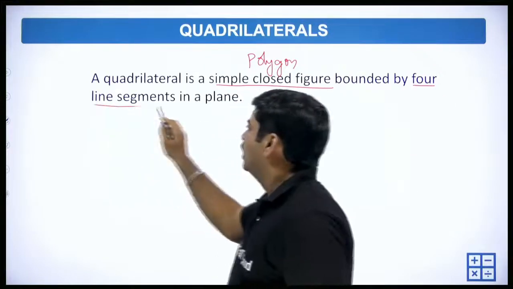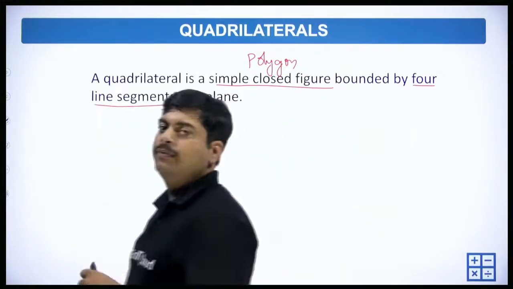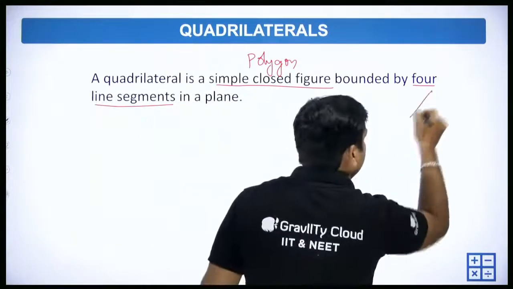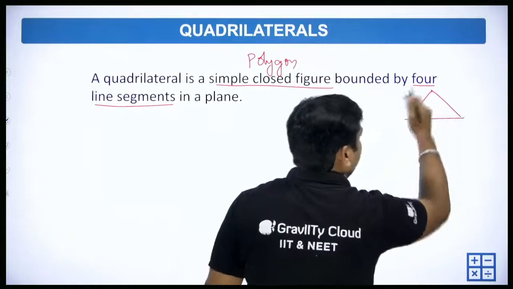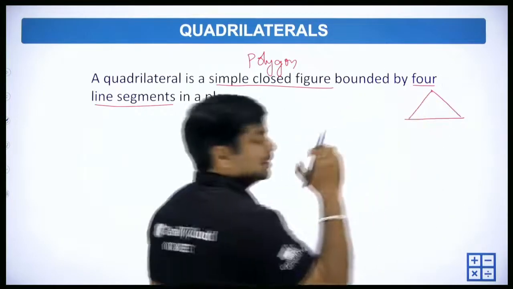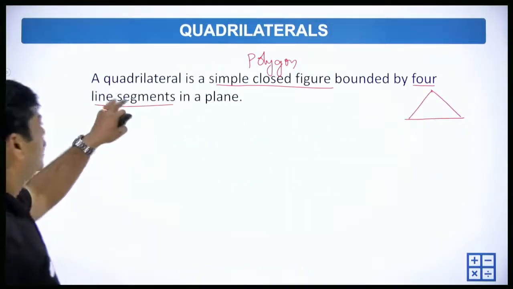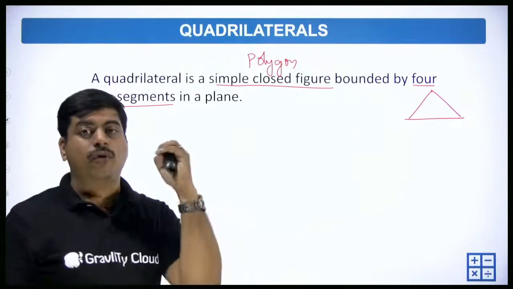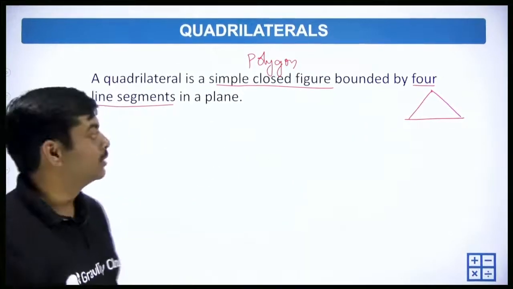Now here you need to understand the difference between different polygons. In the previous classes we discussed the triangle, which is a three-sided polygon, bounded by three line segments. Now we're discussing a polygon with four sides.